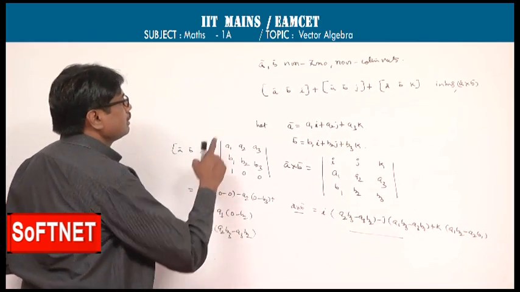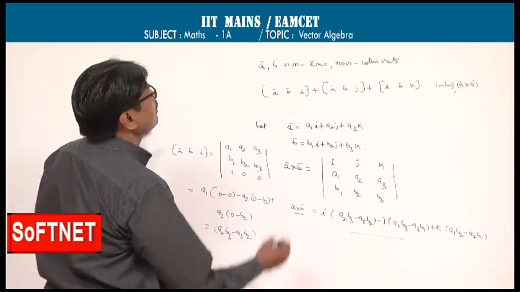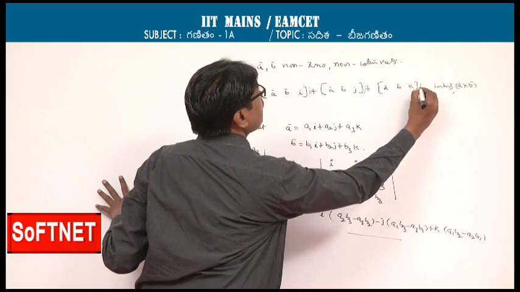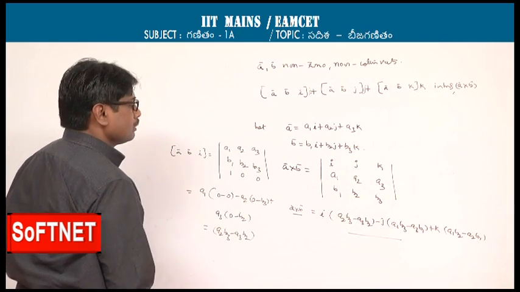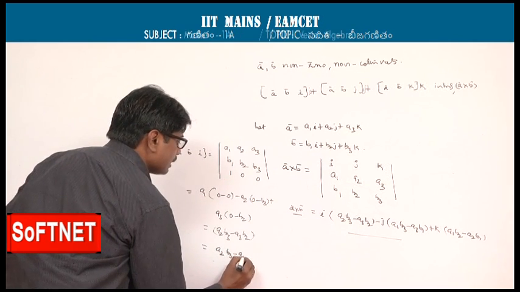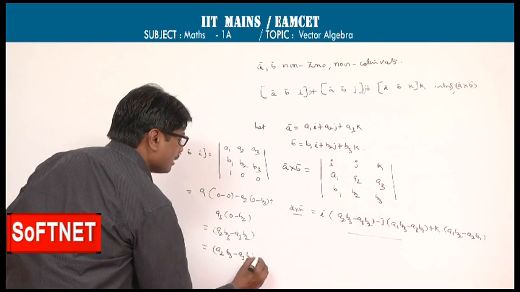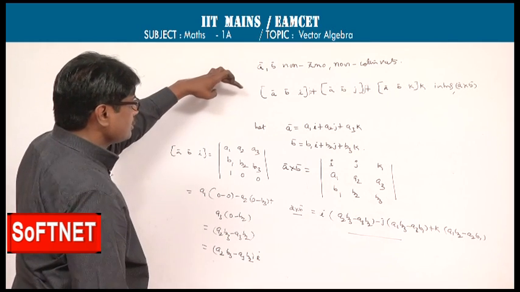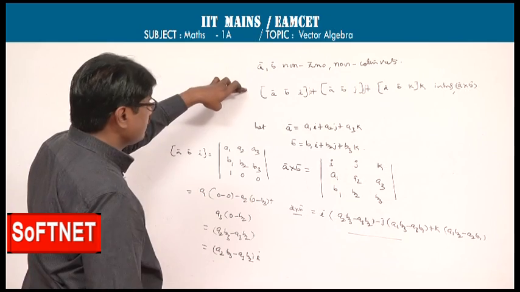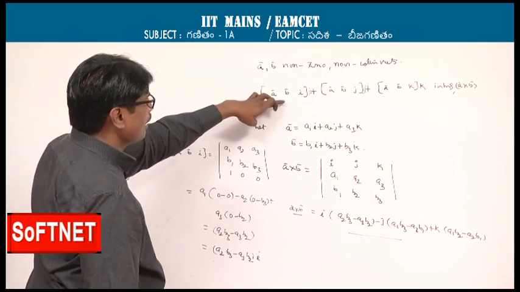This is the value of box A B I. So we want box of A B into I, J and K. The first box value is A2 B3 minus A3 B2 times I bar.